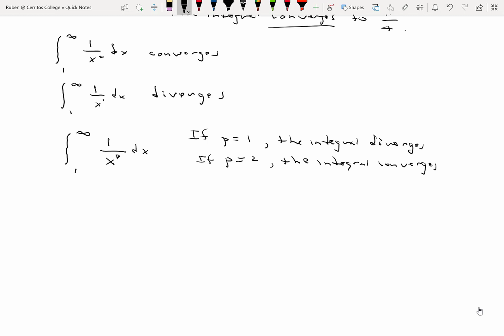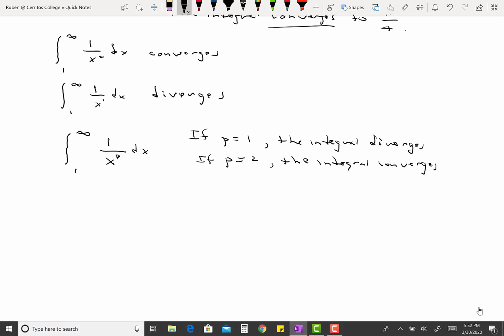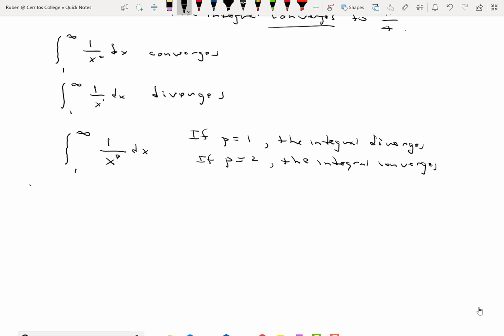So it seems like for some number, maybe between 1 and 2 for the exponent, there's a cutoff point. It seems like the integral diverges for p less than that value, and converges otherwise. So let's handle this special integral for any possible value of p. So let's do that.